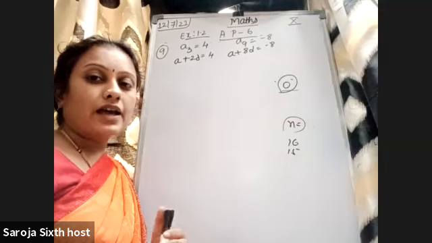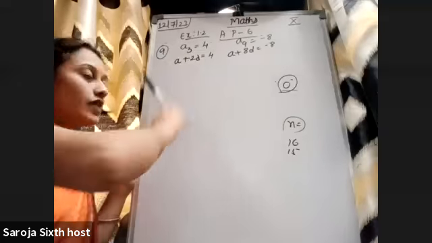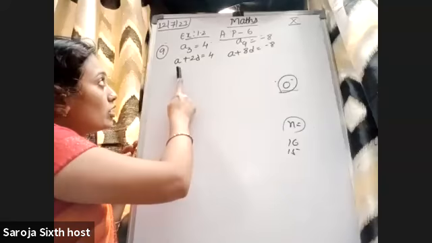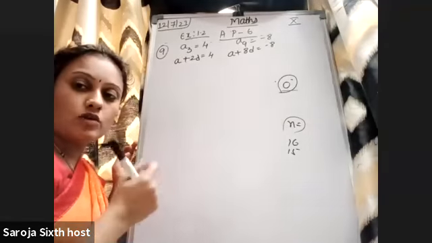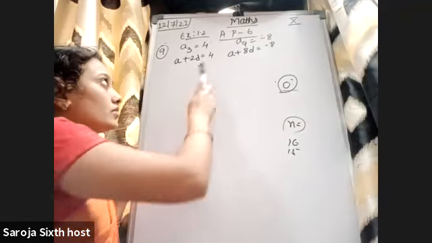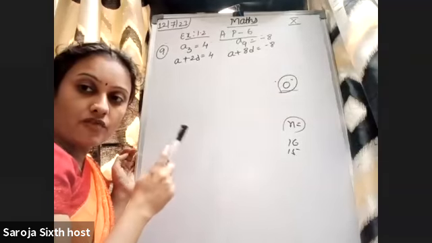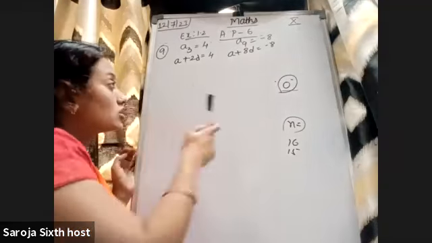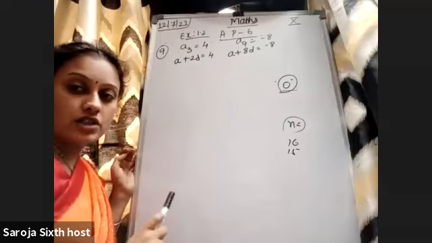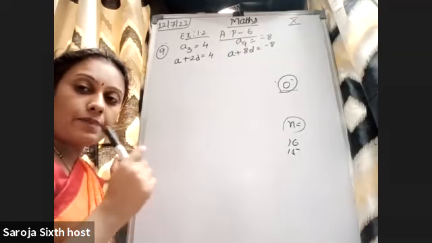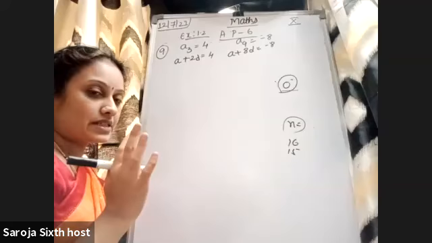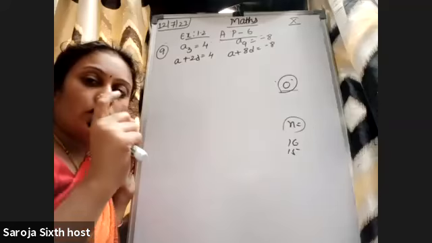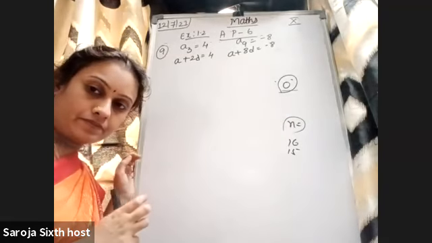See here, they had given the third term of an AP is equal to 4. So that we are going to write as A plus 2D by using the general form. Next, the ninth term of the AP they had given as minus 8, which can be written as A plus 8D is equal to minus 8. Now they are asking 0 is one of the terms of the AP.